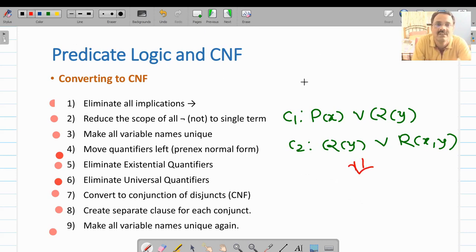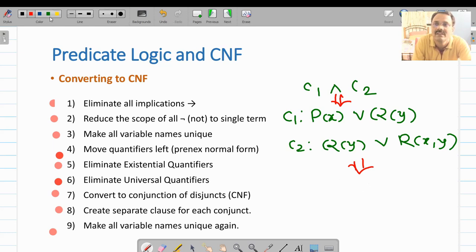Since one clause has resulted in these two clauses, what we have done, we have separated them out. We have considered each conjunct as a separate clause.